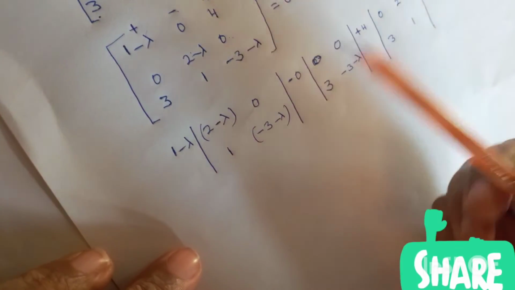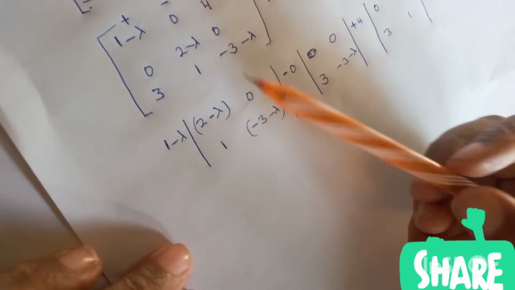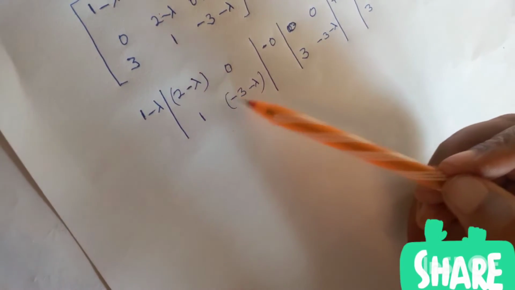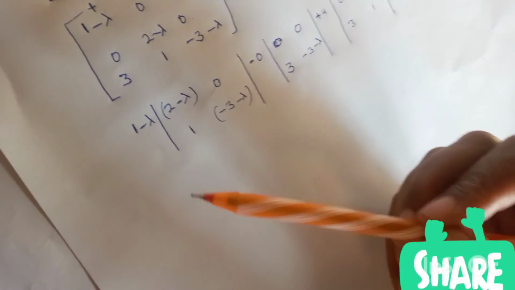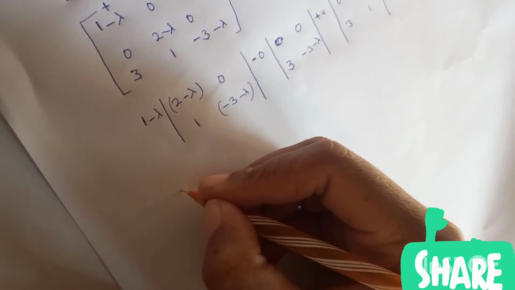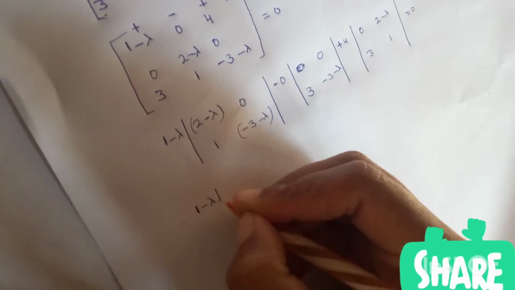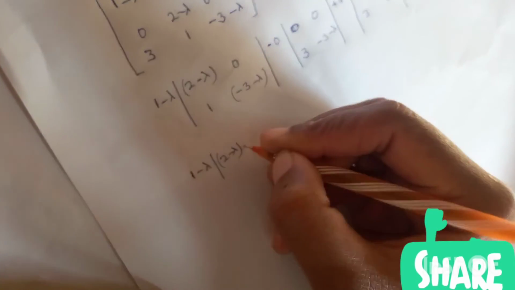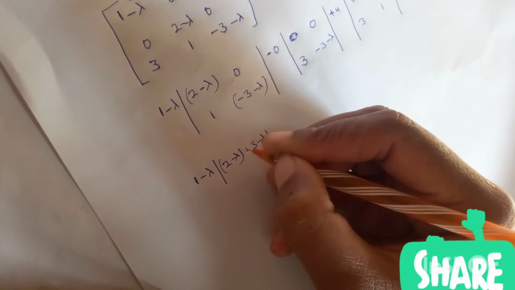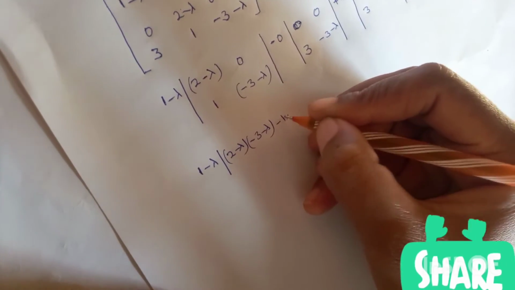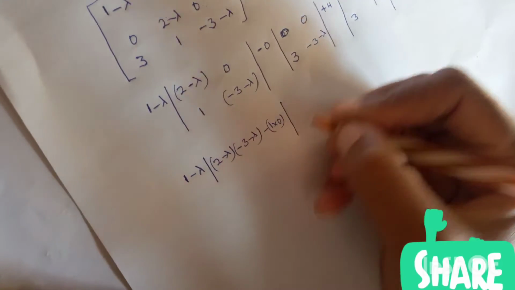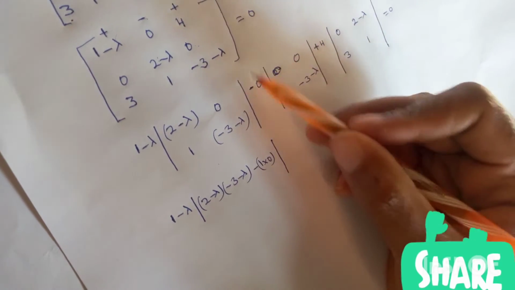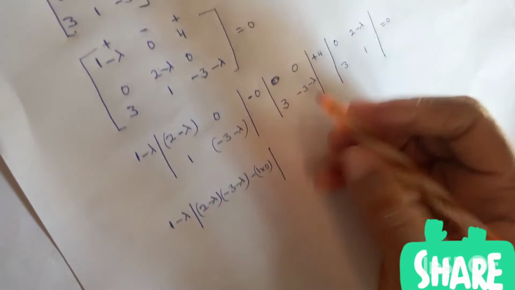Then, to determine the determinant of a 2 by 2 matrix, we multiply the diagonal and subtract the other diagonal. So you are going to have 1 minus alpha, 2 minus alpha, multiplied by negative 3 minus alpha, minus 1 times 0. Then the multiplication of all these equals 0.